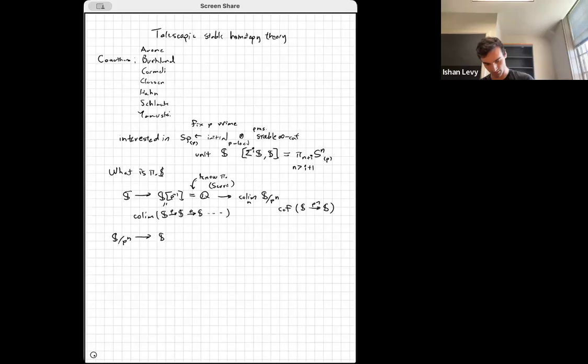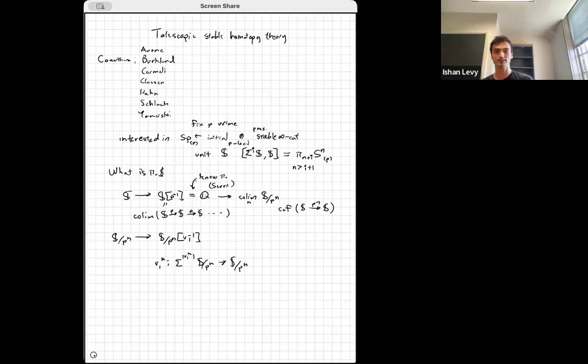called v1, and you can invert some power of that v1. So you can take the sphere mod p to the n and invert v1, where v1 is maybe really v1 to some power. This is some map from some suspension of the sphere mod p to the n to itself.